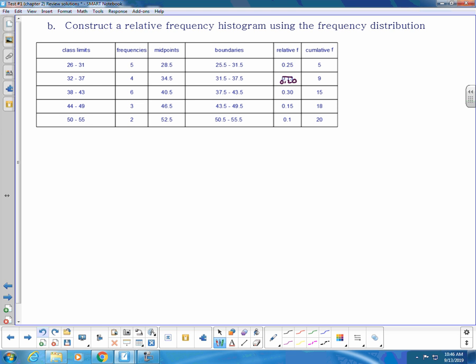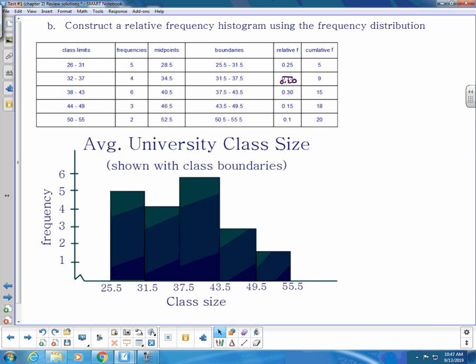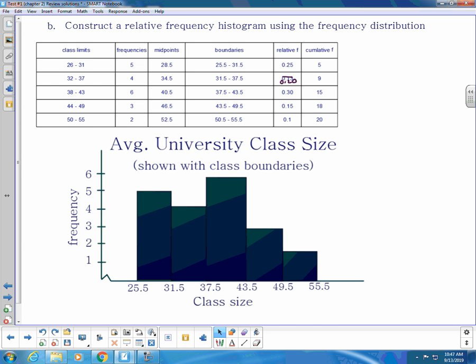All right, we're doing a frequency histogram. This is what it should look like. I used class boundaries. You might have used midpoints. It didn't tell you one way or the other, so I don't care. Okay, but it should look the same shape. You should have the same axes labeled like class size and frequency. Tell me what you're using up here, please.